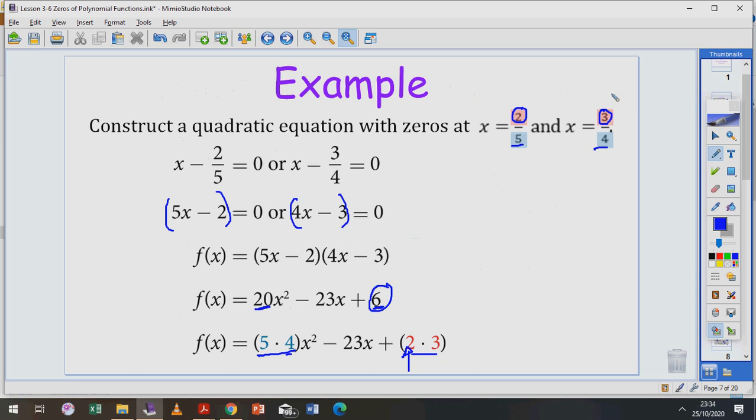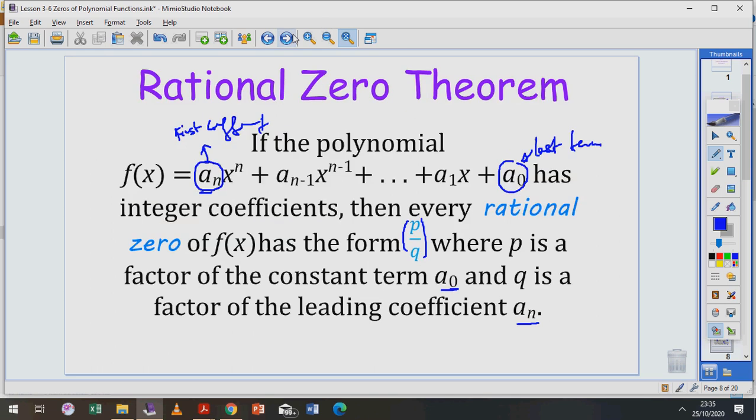And this p of another zero is also a factor of the last term. And q, the denominator, is a factor of the first term. 5 is a factor of 20, and any other rational zero in that polynomial will also be a factor of that leading coefficient. Let's see how this works.